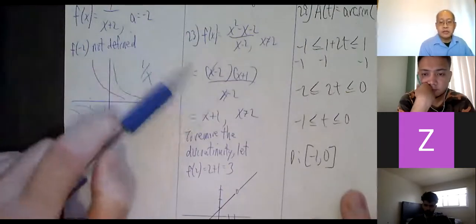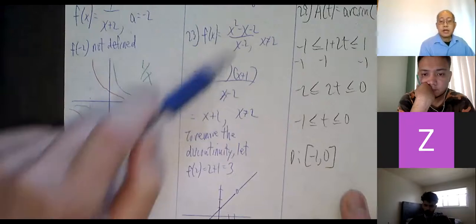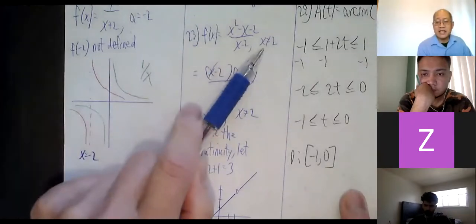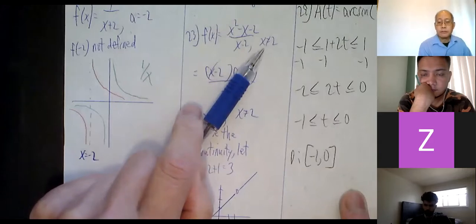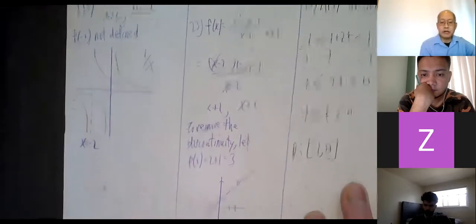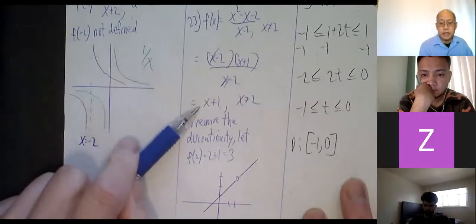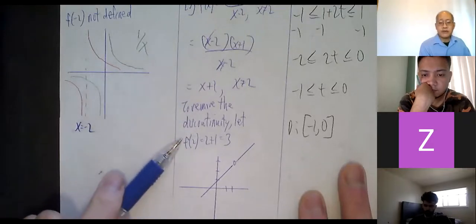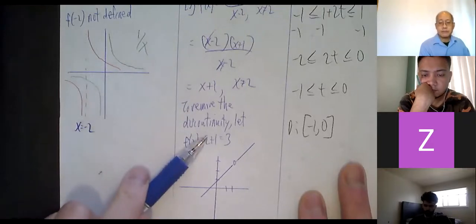And notice these two cancel. So this function is the same as x plus 1 as long as x is not equal to 2. So how do I plug up the hole? Well, what do you get when you plug in 2 here? 2 plus 1 is 3. So there it is. To remove the discontinuity, let f of 2 be 3. That's all.